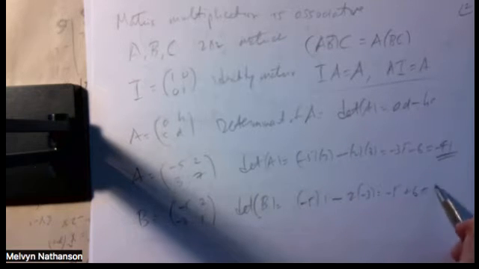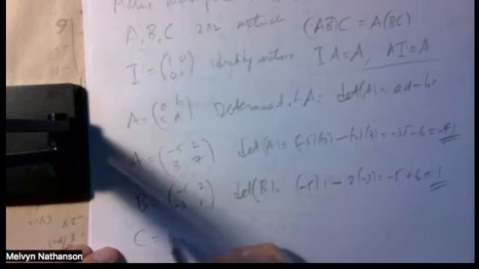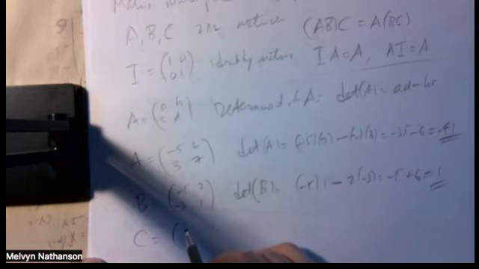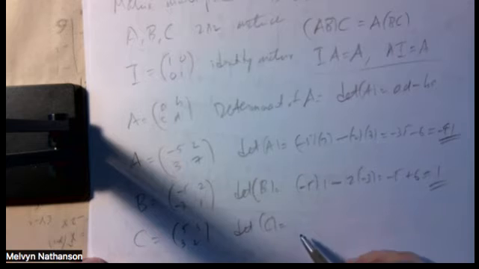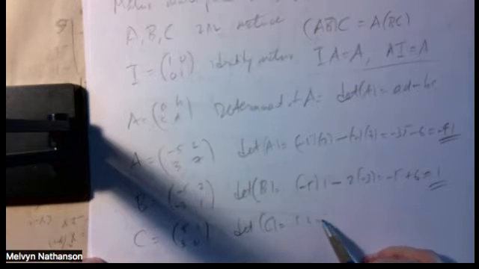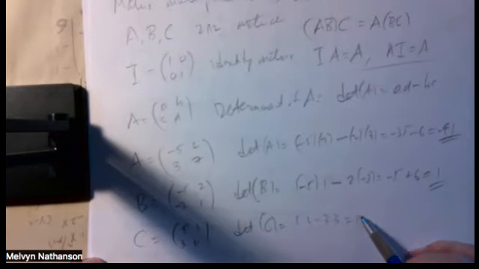That's minus 5 plus 6, or 1. So this matrix has determinant 1. Suppose I take the matrix C to be equal to 5, 3, 3, 2. The determinant of C is 5 times 2 minus 3 times 3. That's 10 minus 9. That's also 1.